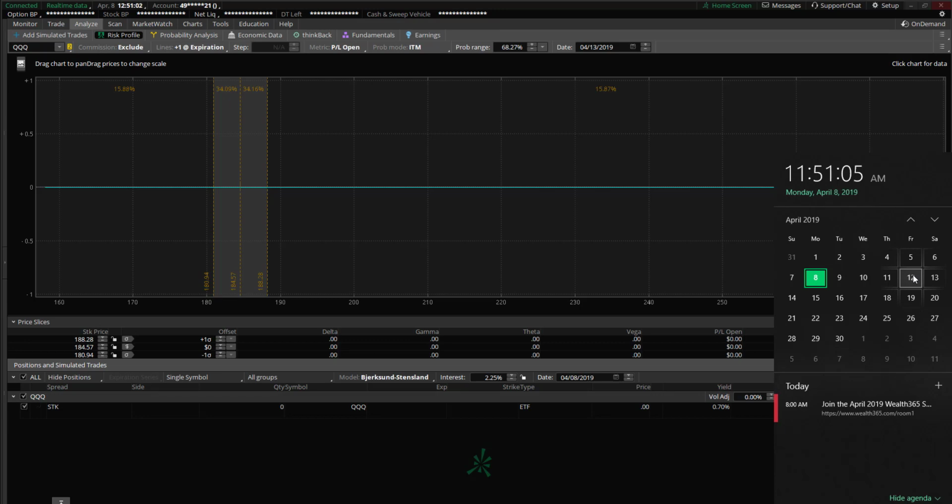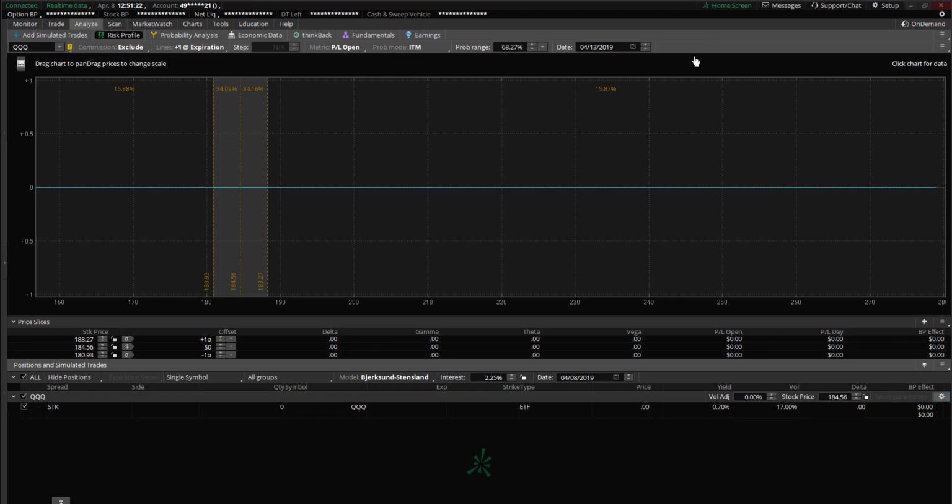Options that expire on a Friday are managed by the OCC on Saturday. So we like to set this date up here one day later than when the option would expire or when our week of trading would be over. If Friday the 12th is where our week would end, we could set this to 4/13.